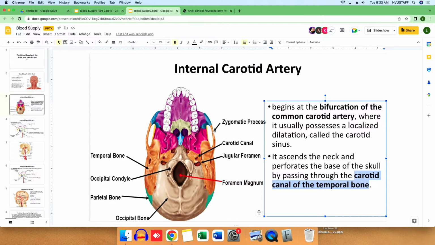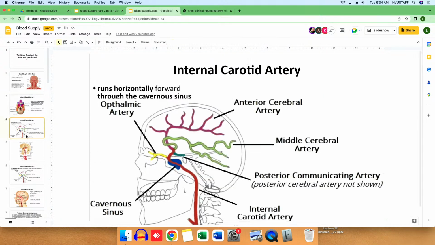This everything is part of the temporal bone, and here you can find the parts of the carotid canal where the internal carotids are passing through to enter the interior of the skull. Okay, so that's how it works.